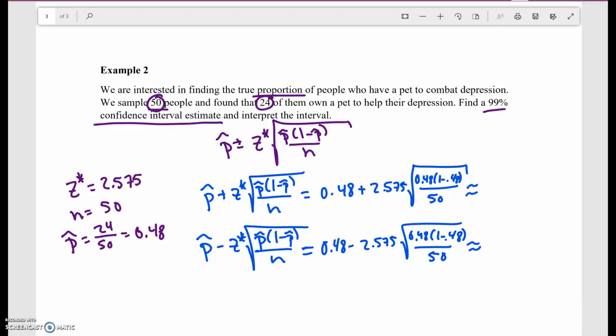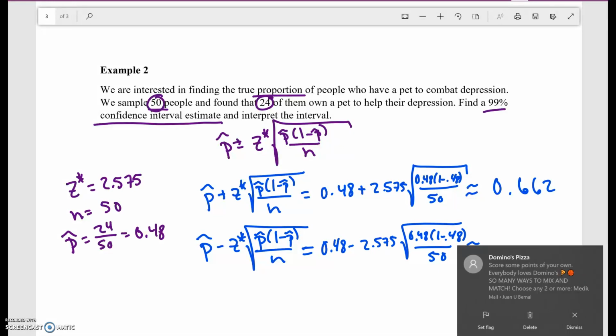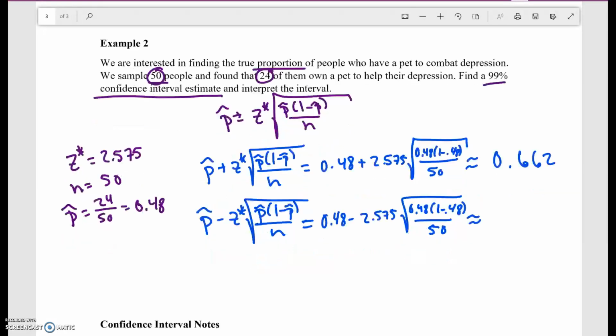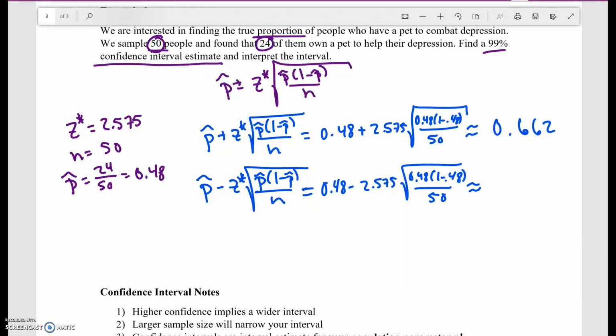This top one I get about 0.662, and on the bottom one we're going to do the same exact thing, but now we change the plus to a minus. Here you go. All right, so this bottom part, 0.298.